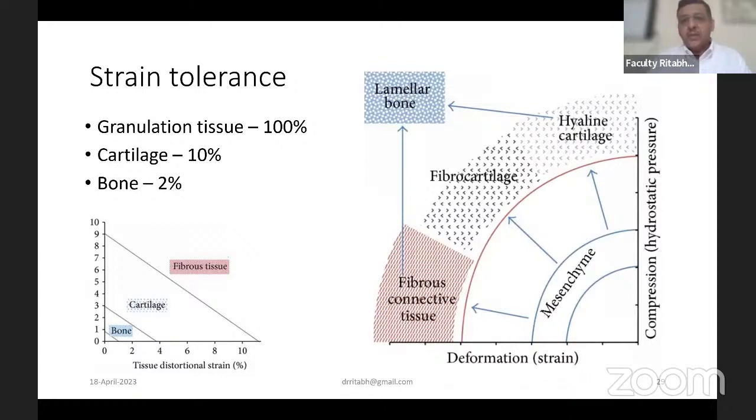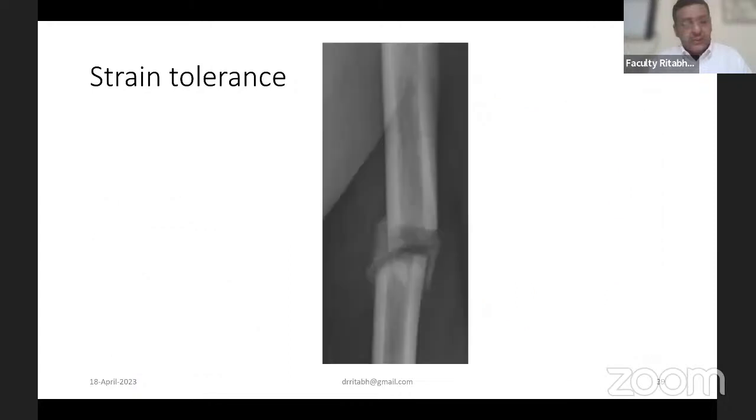He said that whatever the stresses, tissue differentiates along a certain path, and eventually if the mechanical conditions allow, cartilage will convert into bone, and fibrous tissue can also get converted into bone. So this is the concept now understood, and I will take you through clinical examples.